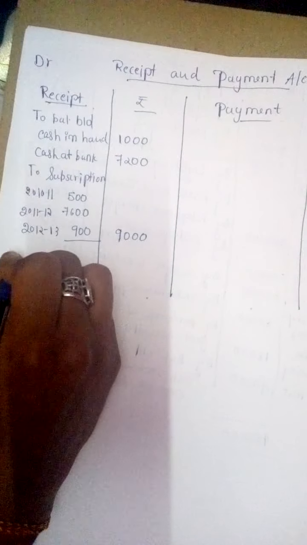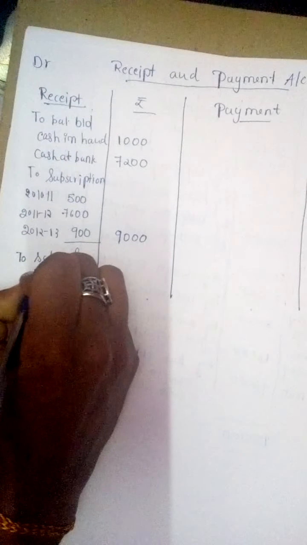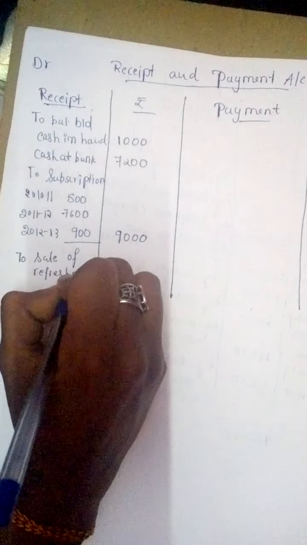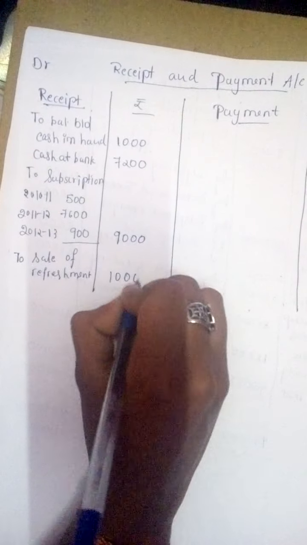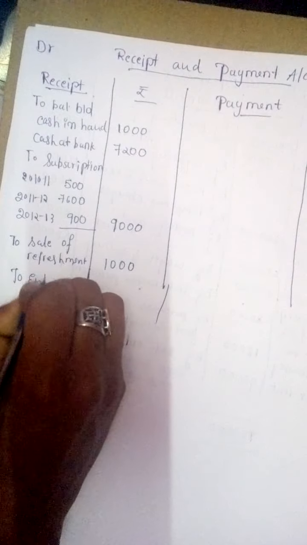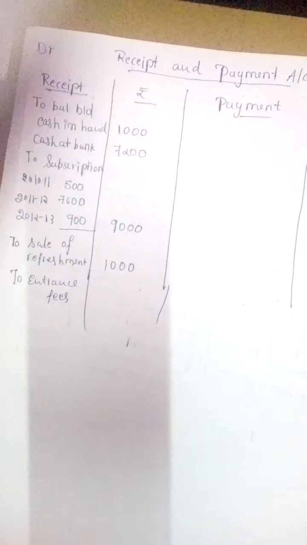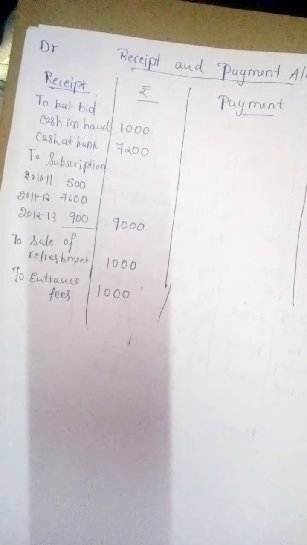Then next, they have received amount from sale of refreshment, so what is the amount of sale of refreshment? 1,000. Then entrance fees they have received, so to entrance fees, what is the amount of the entrance fees? 1,000. Next see, they have given a sale of old sports material.